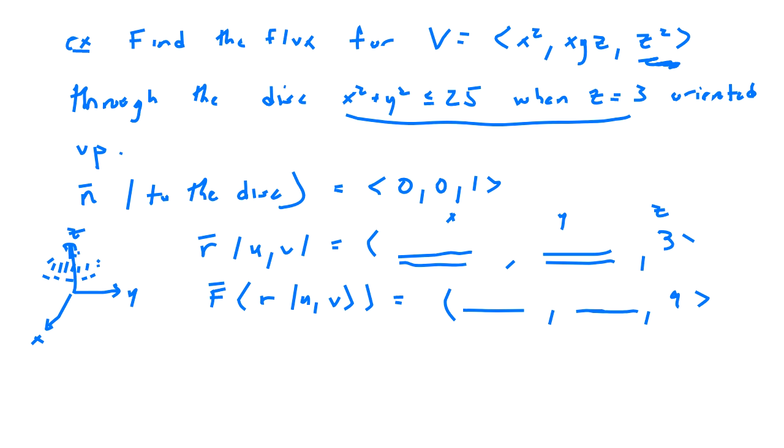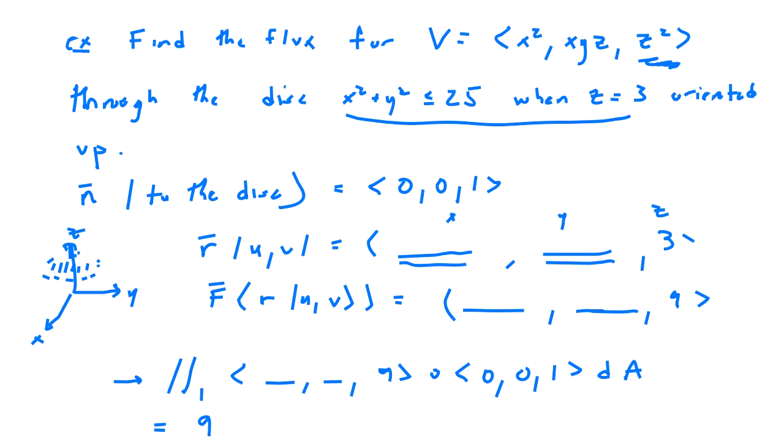But therefore, we're doing the integral over the disk of the dot product of this thing, the something something 9, and the 0, 0, 1 dA. Since that's a constant, 9, I don't have to do the integral. And I'm integrating over the disk.